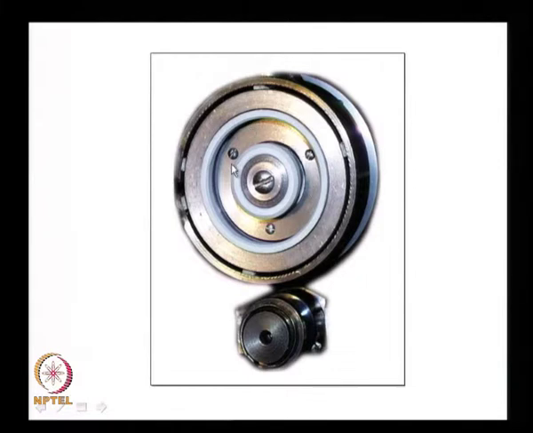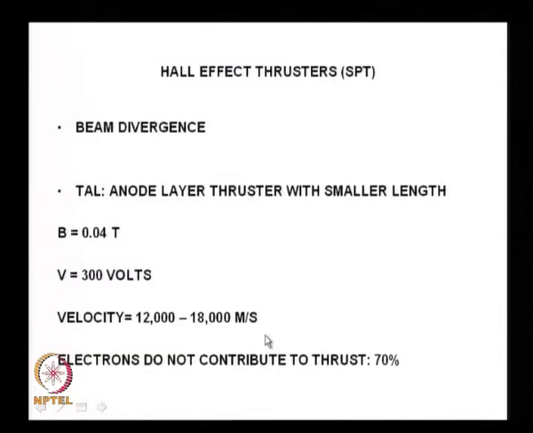Through this the xenon comes out and you get the thrust. This is the cathode which generates the electrons. To prevent the divergence which leads to contamination, a small length is to be preferred, and this small length thruster is known as the anode layer thruster, or rather TAL.